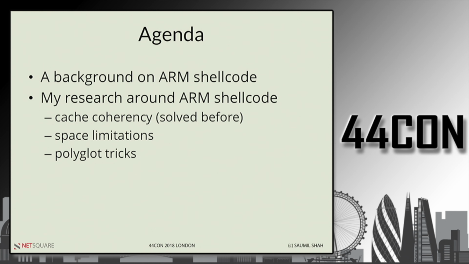The first area that I was working on was cache coherency, but this problem has been solved before in several other techniques. So what I'm going to focus upon today is shellcode where space is tight and you have really limited space, and some polyglot tricks that I've been working upon.